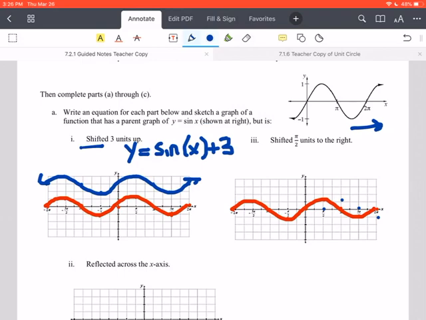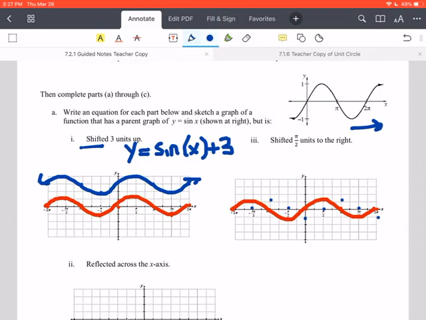I'm going to do the same thing if I start back at negative 2 pi, that point is going to go to negative 3 pi over 2, but then the peak of the mountain is going to go over to negative pi. And then negative pi will become the x-intercept at negative pi over 2. And then the bottom of the valley is going to shift over to being my y-intercept.